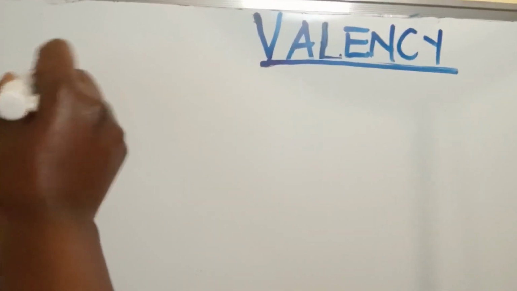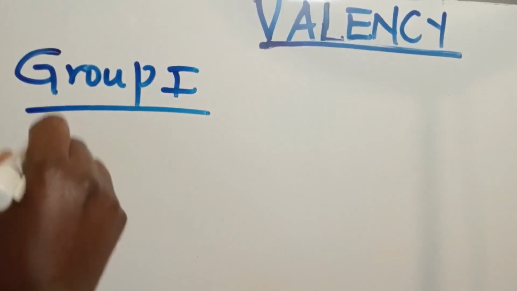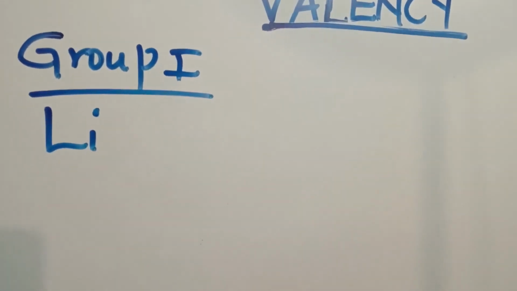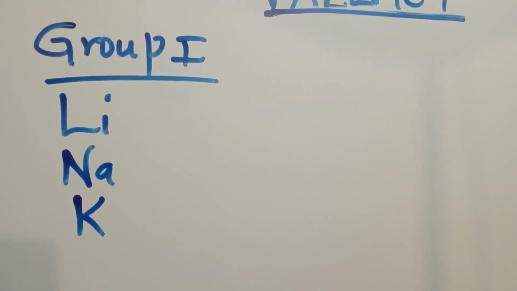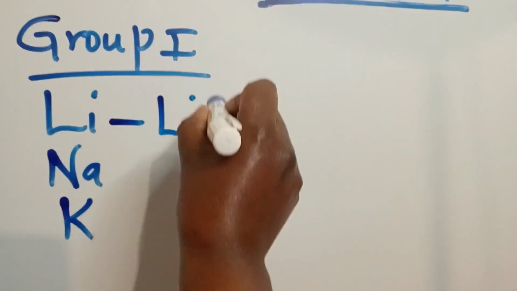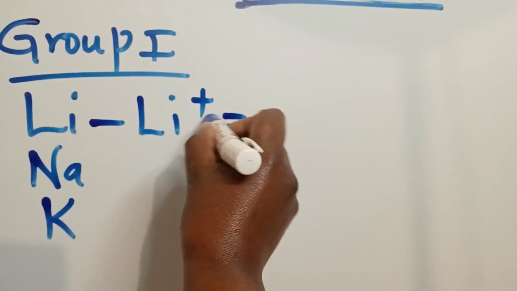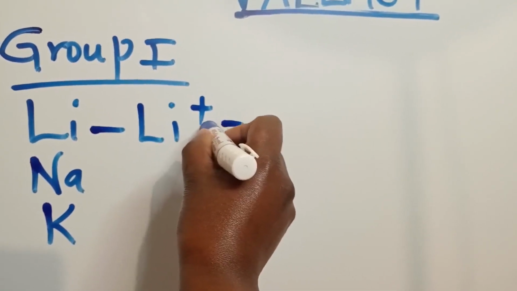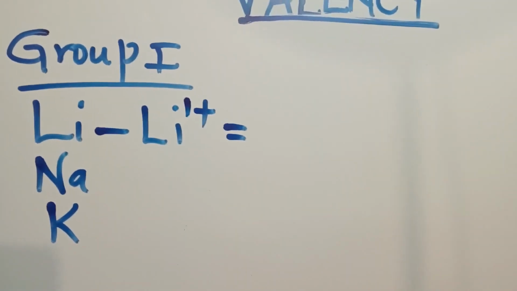So in group 1, we have lithium as an atom, we have sodium, and we also have potassium from the first 20 elements. Lithium as an atom forms lithium ion, and now that we have only one charge, as I showed you last time, we only have one positive charge.